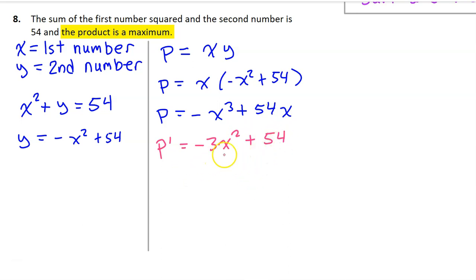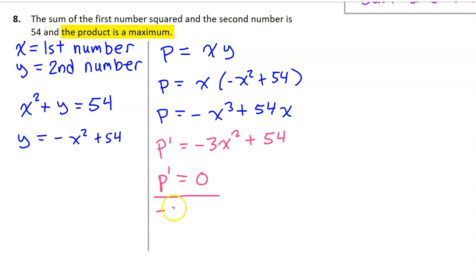Now we need to find the critical values of p. So we need to find where p prime is equal to 0, where p prime is undefined. This is a polynomial, so it is defined everywhere. So forget about undefined. We just need to find where p prime is equal to 0.